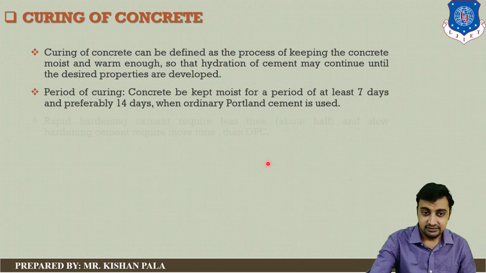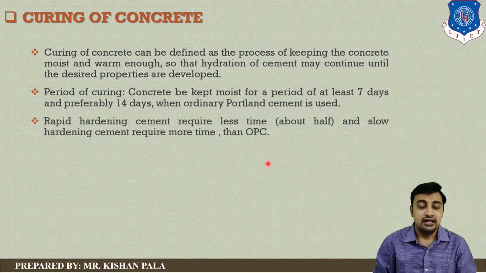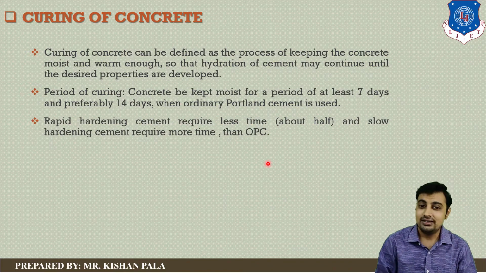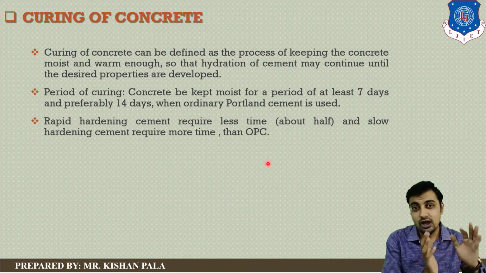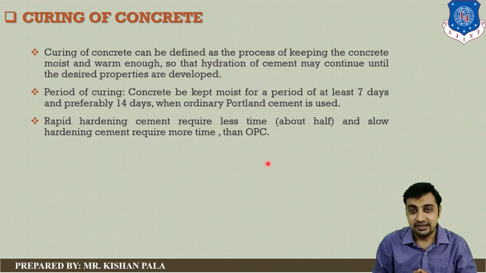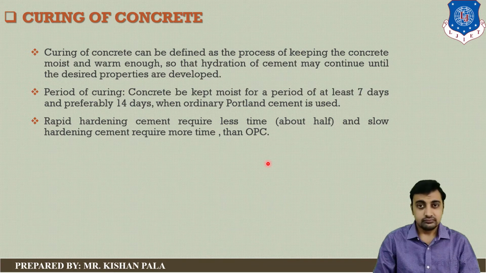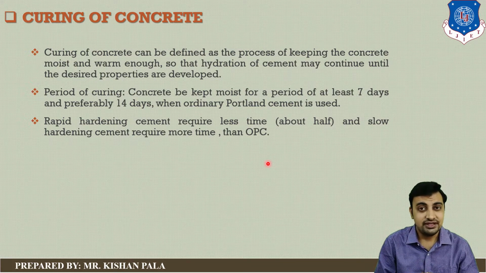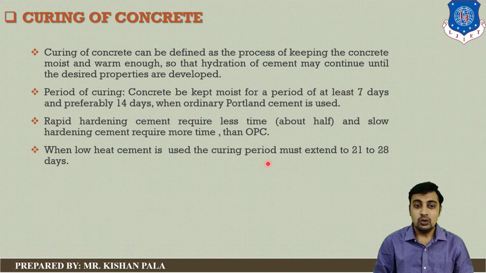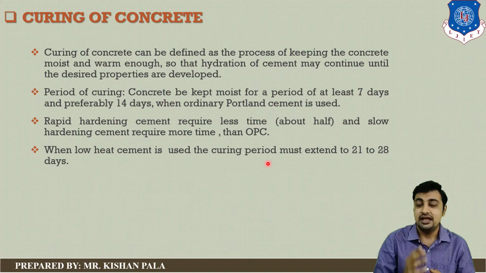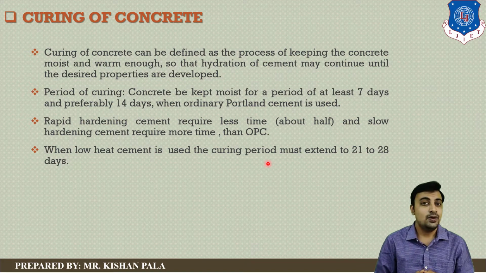The rapid hardening cement requires less time, and the slow hardening cement requires more time comparatively to the ordinary Portland cement. So curing of concrete is also affected by the type of the concrete and the type of the cement. If low heat cement is used, the curing period must extend up to 21 to 28 days.